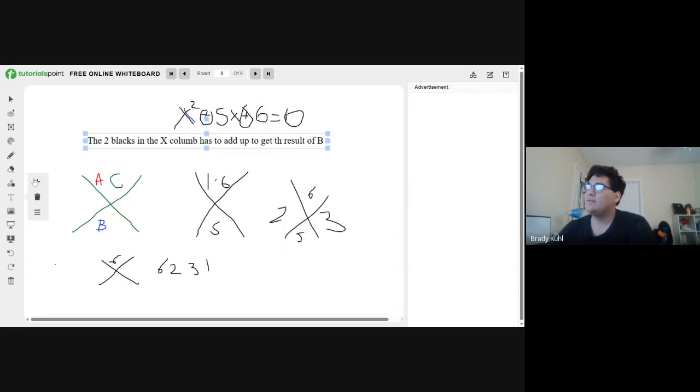And then the a column, the two blanks multiply to 2a.